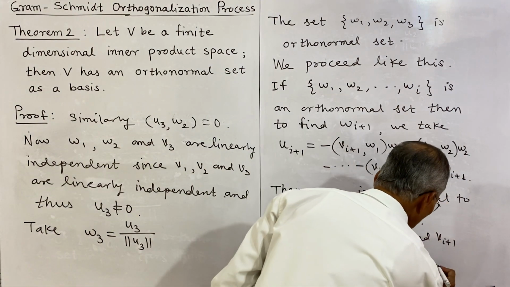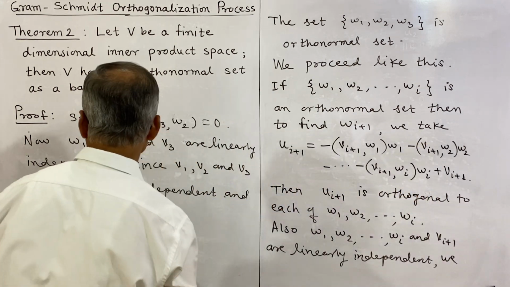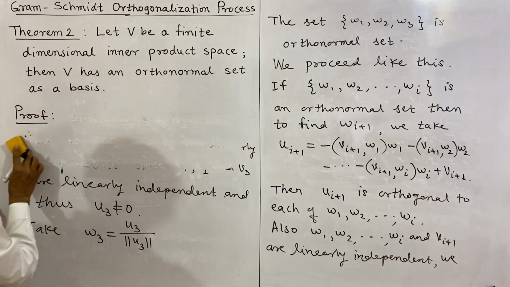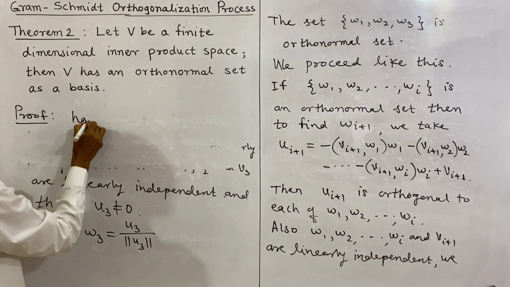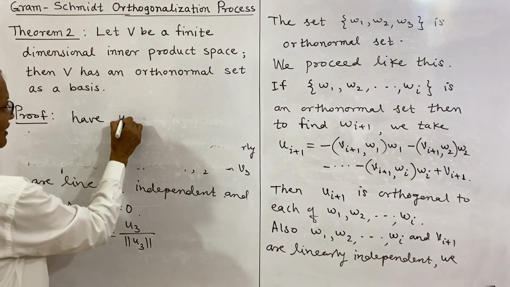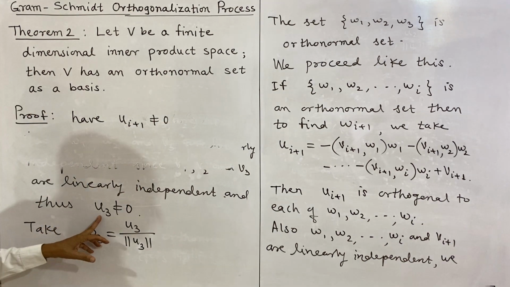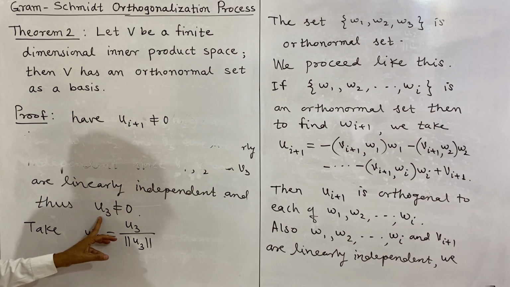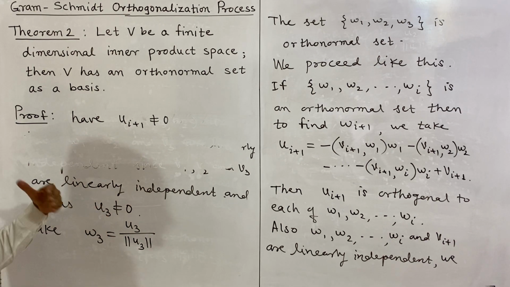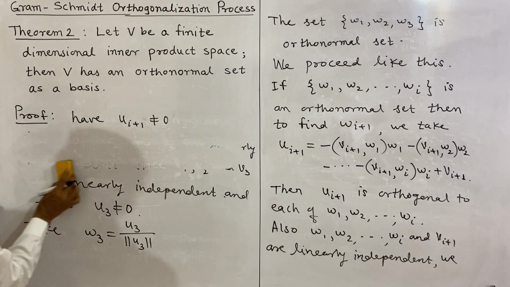We have this vector u_{i+1} not equal to 0. Every time we are writing like this: u2 is not equal to 0, u3 is not equal to 0, u4 will not be equal to 0, and in general u_{i+1} is not equal to 0.